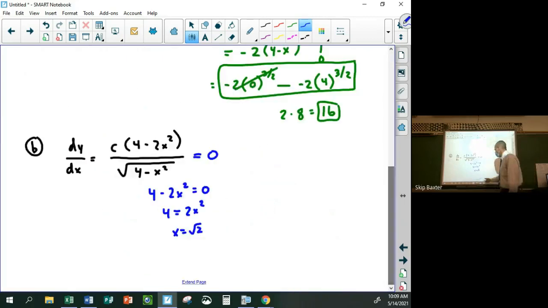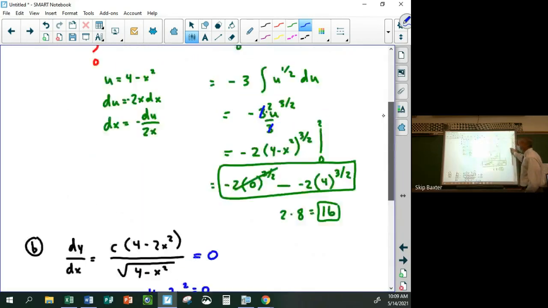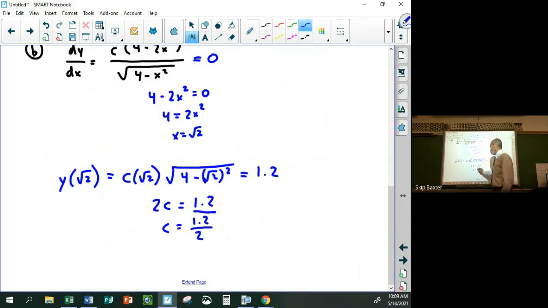So you just say y of radical 2, which is c times radical 2 times the square root of 4 minus radical 2 squared. They're saying that has to equal 1.2. Solve for c. Just divide by that stuff. That's all there is to that. This is 4 minus 2, so you get 2c equals 1.2, and c equals 1.2 divided by 2. That's it.